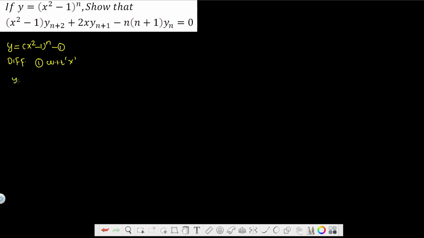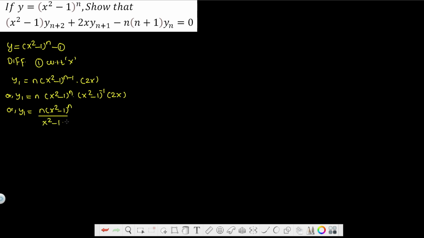The derivative of y will be y1 equals, and the derivative of this term will be n (x square minus 1) to the power n minus 1 times 2x, or y1 equals n. Here we can use the laws of indices. (x square minus 1) to the power n times (x square minus 1) to the power minus 1, or y1 equals n (x square minus 1) to the power n over (x square minus 1) times 2x.